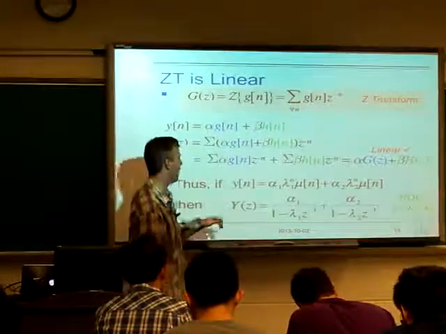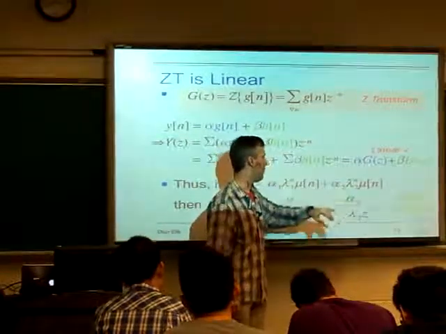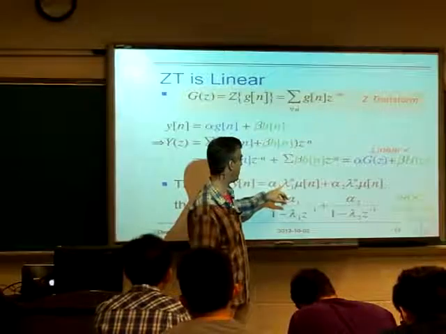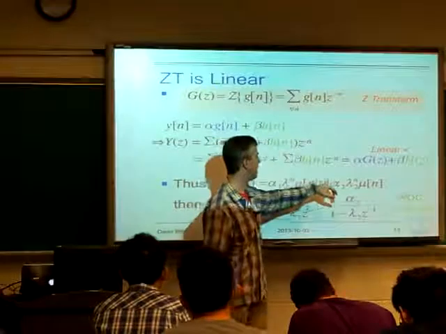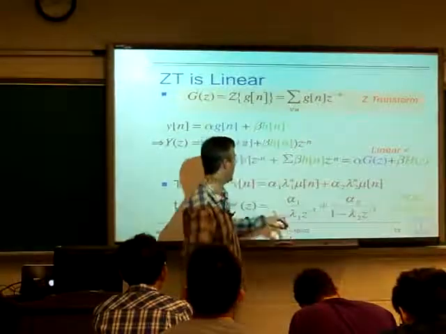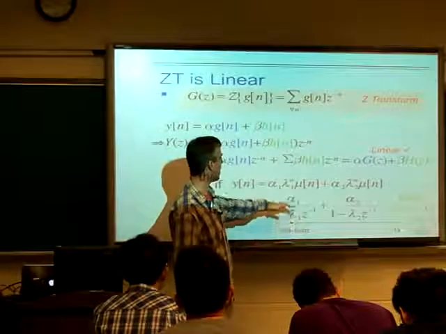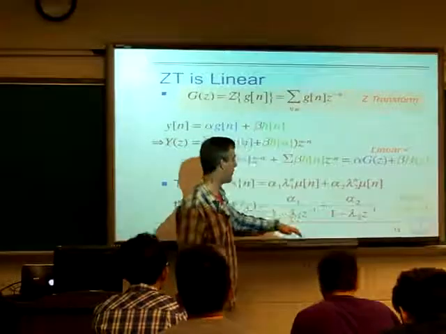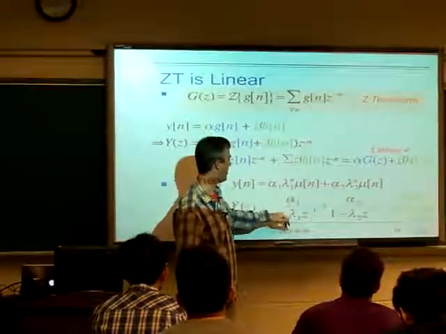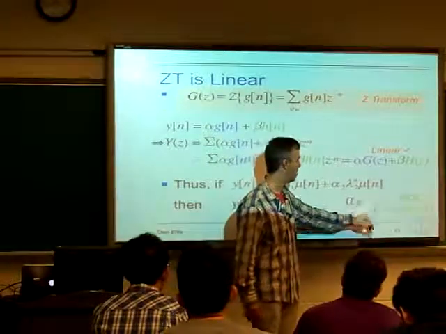And so, for instance, if we have two right-sided exponential sequences like this, lambda 1 to the n, lambda 2 to the n, maybe with some scaling factors, both multiplied by u of n, then linearity says we can just calculate the z transform of each of these sequences individually. This one is alpha 1 on 1 minus lambda 1 z to the minus 1. This is alpha 2 on 1 minus lambda 2 z to the minus 1.